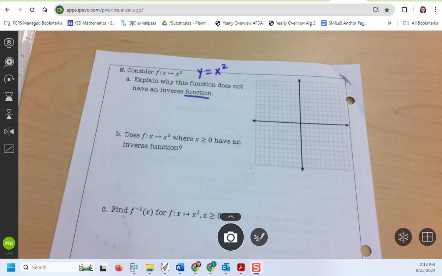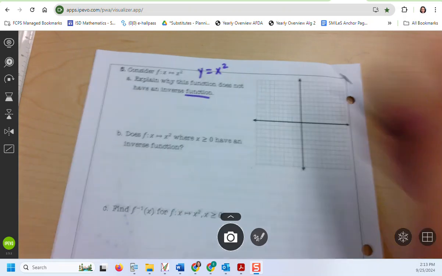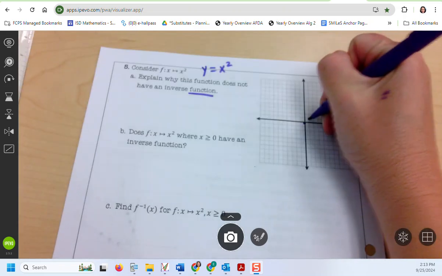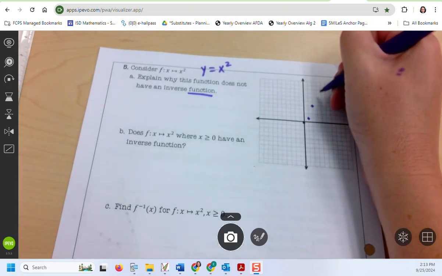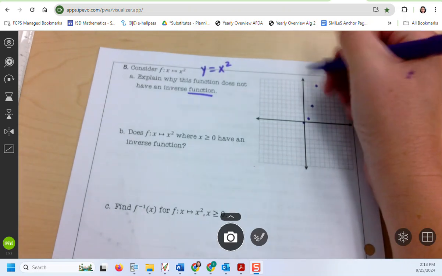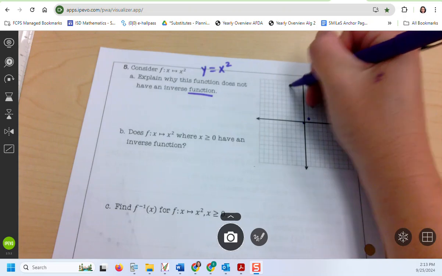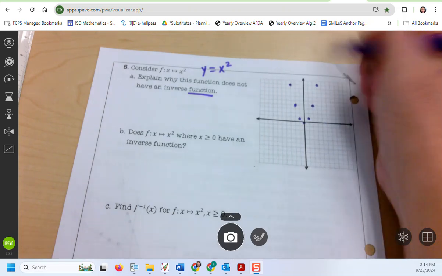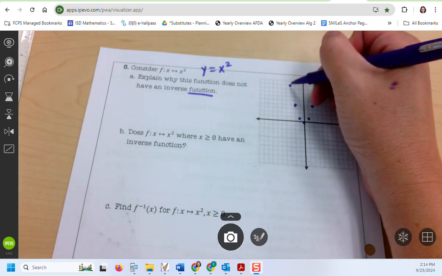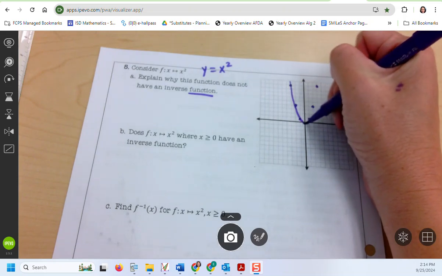A lot of you knew the general shape of x squared. 0 squared is 0, 1 squared is 1, 2 squared is 4, 3 squared is 9. Isn't that a function? All right, so that's the function y equals x squared, right there.